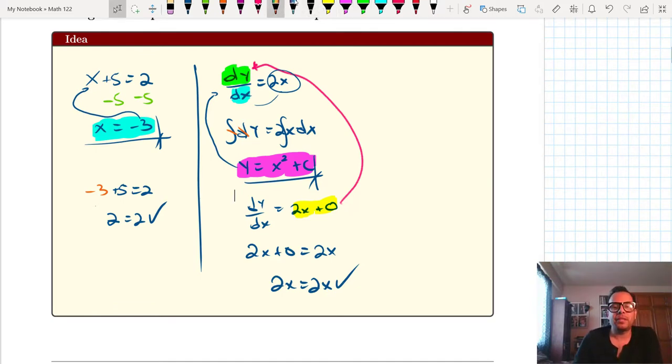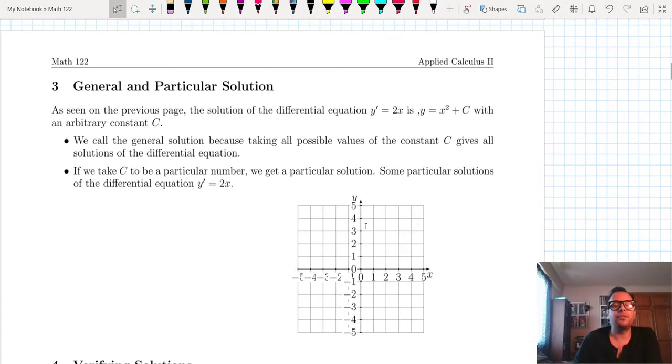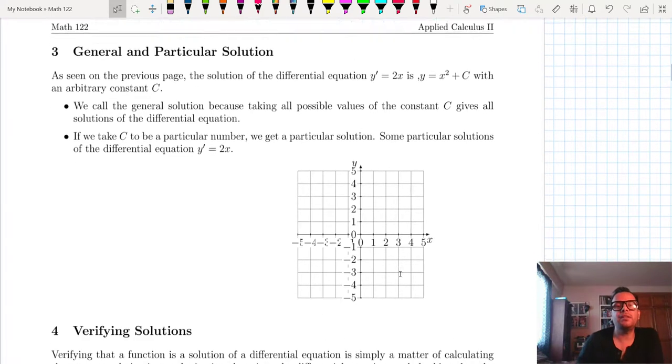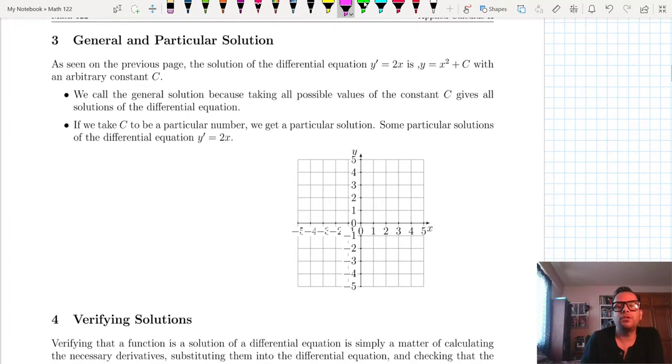All right, what about the solution? So we need to distinguish between general solutions and particular solutions. On the previous page here, we got the solution to the differential equation, which was y prime or dy/dx equals 2x. And then we found the solution, which was y equals x squared plus c.